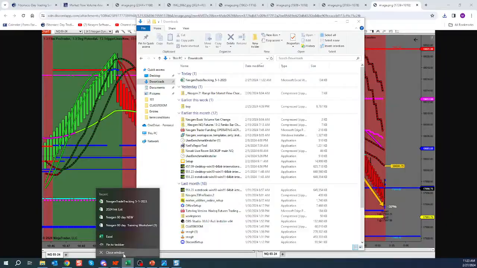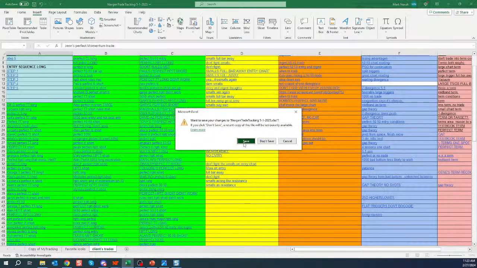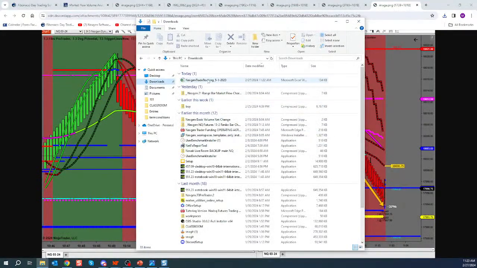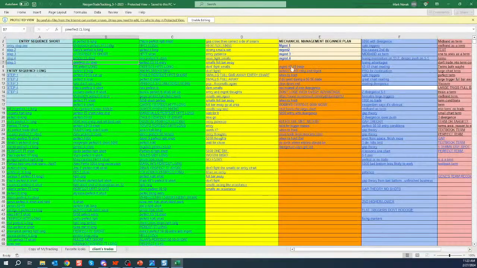Okay, hold on. See, you're getting ahead of me. That's okay. So I want you to open it up. Does it say enable editing? Because typically when you download, you have to enable editing to be able to do anything with it.